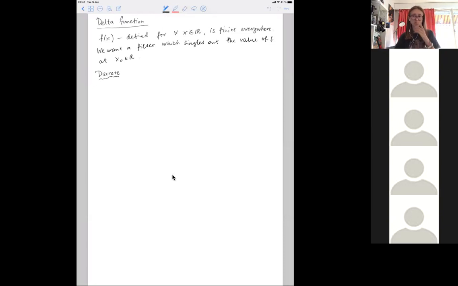For the discrete example, suppose that we have a sequence A1, A2, and so on. So it's just Aj, where j is 1, 2, and so on. And we want to select, to point out, a particular Ai.